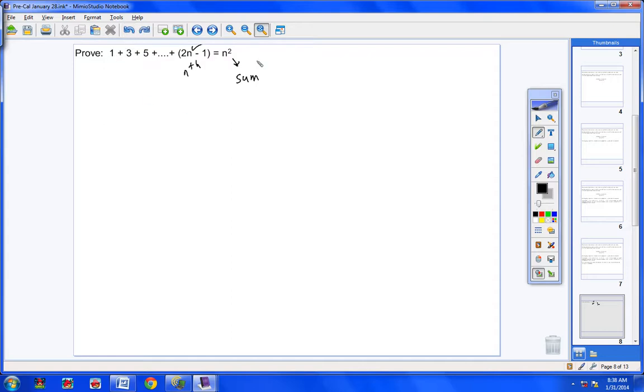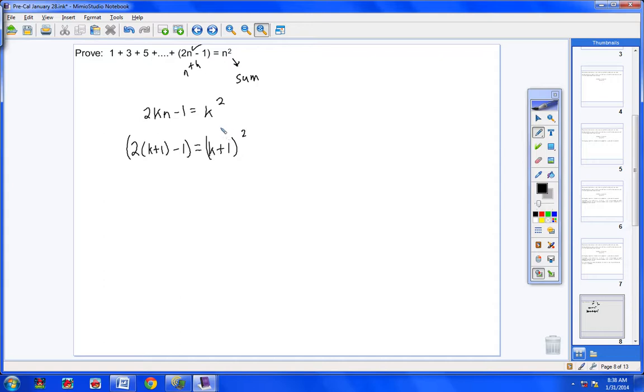So you do that, and then next you put a k in for n, so we have 2k minus 1 equals k squared, and then you put k plus 1 in, so you would have 2 times (k plus 1) minus 1 equals, then here's an n right here, so you put (k plus 1) squared.